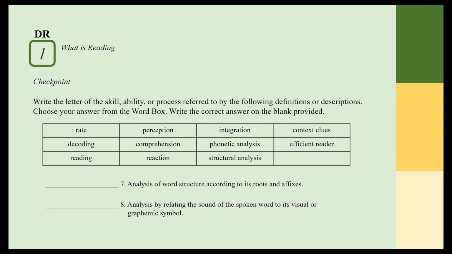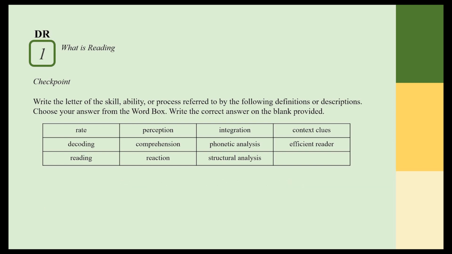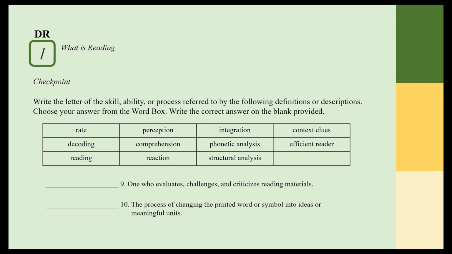But if you're done, let's now proceed with the last two items. Item number 9, one who evaluates, challenges, and criticizes reading materials. And for item number 10, the process of changing the printed word or symbol into ideas or meaningful units.